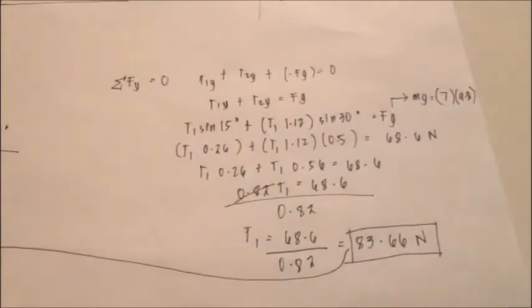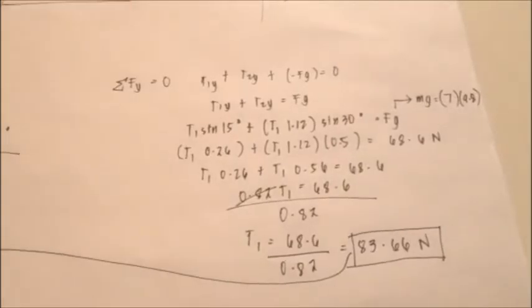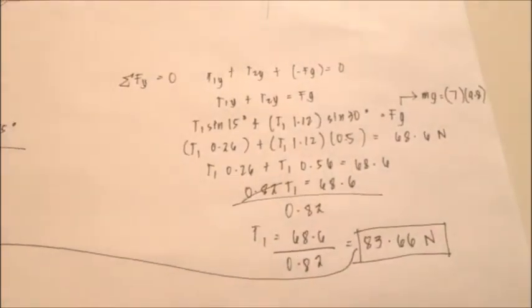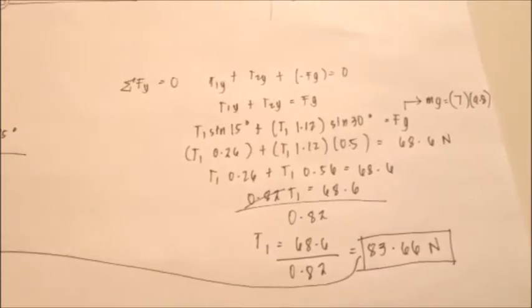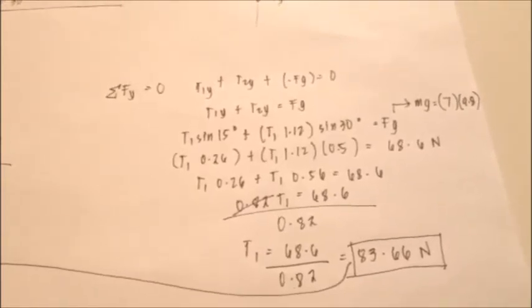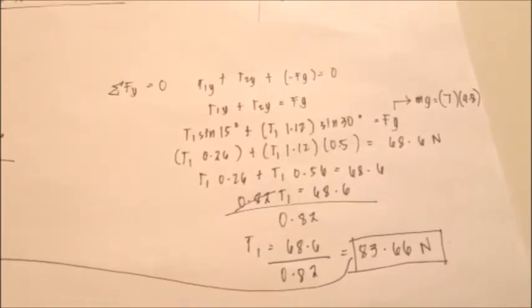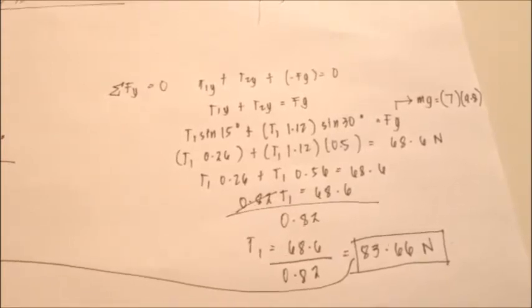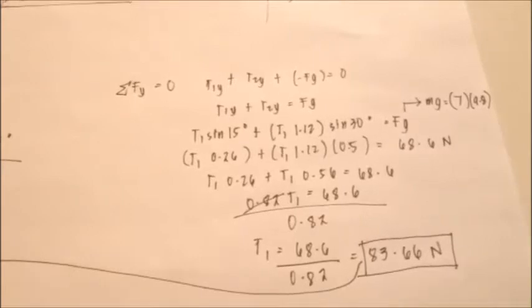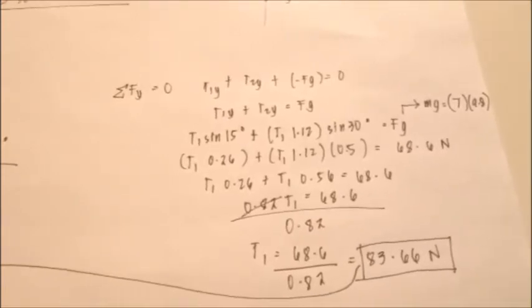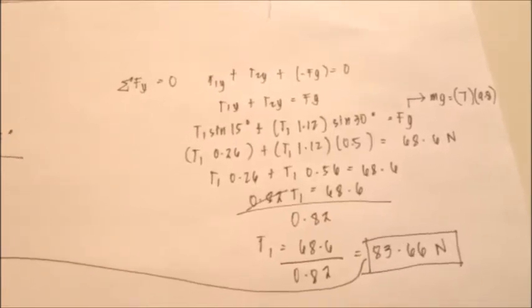And then I did what I've done earlier, which is to incorporate the angles and to use sine as the trigonometric function, which now leads us to T1 sine 15 degrees plus T1 times 1.12, I plugged in the value that I got for T2 a while ago, times sine 30 equals Fg.